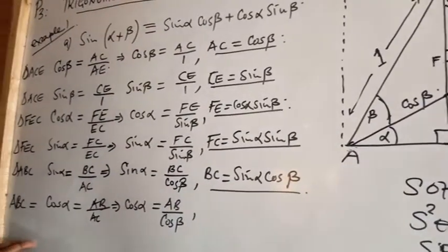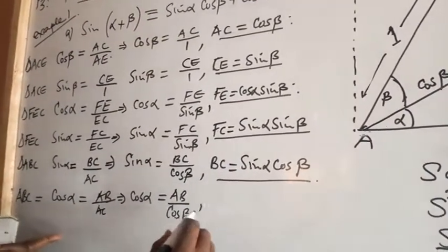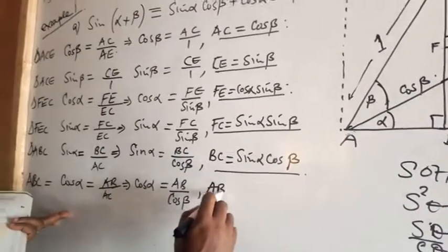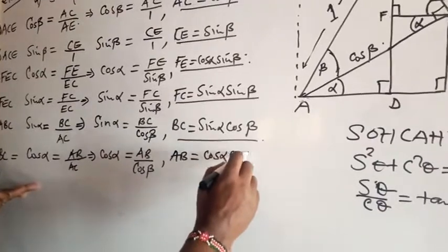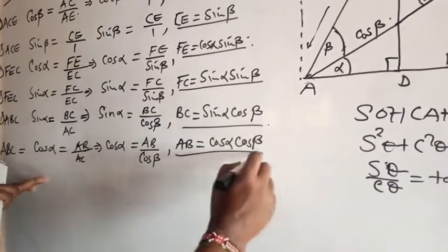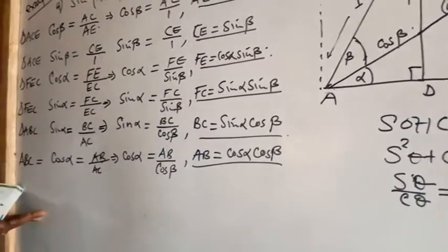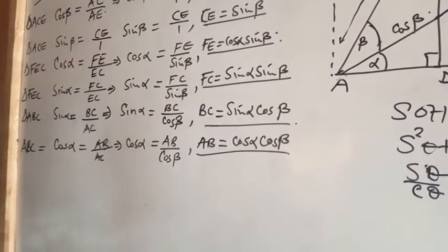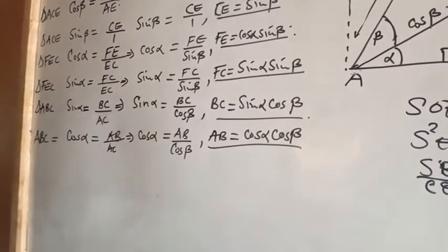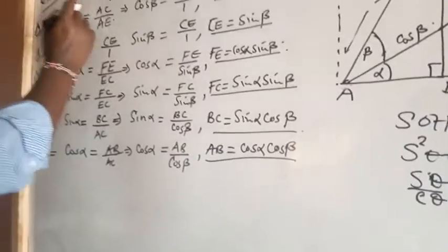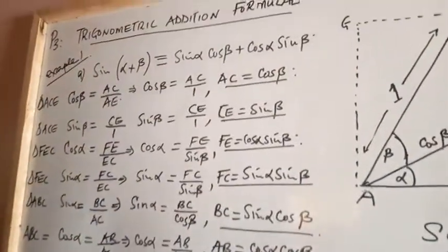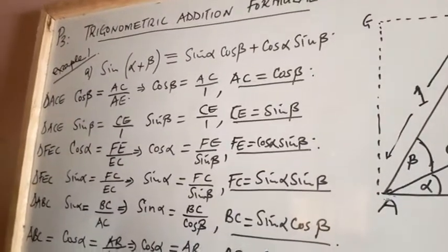If we make AB the subject of the formula, AB is equal to cos alpha cos beta after cross multiplying. Underline that.